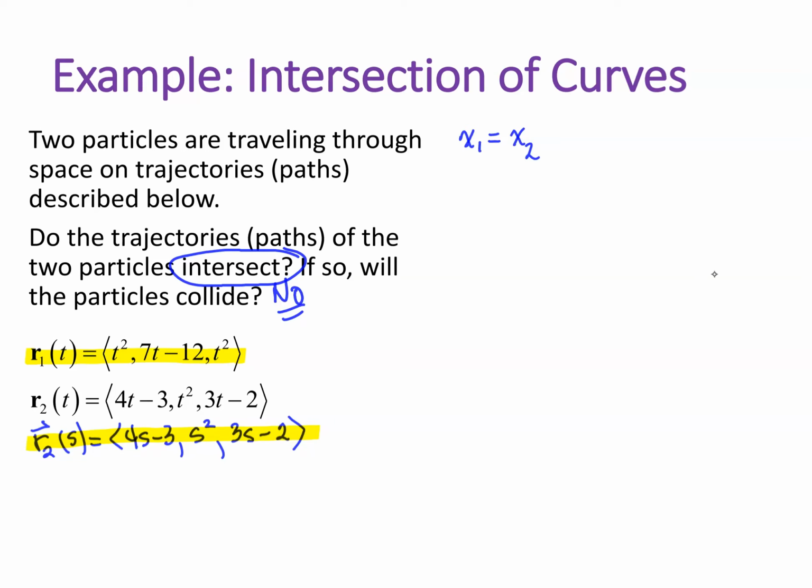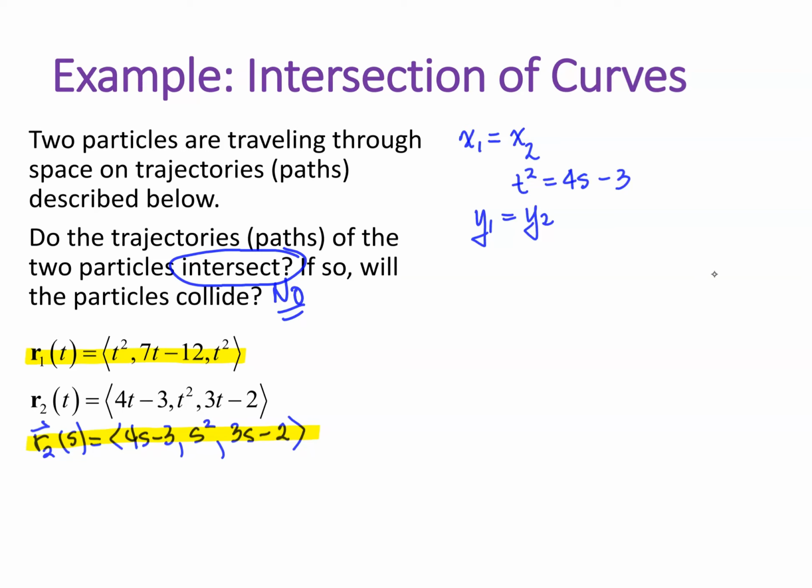So let's start there. We would have t squared equals 4s minus 3. The same would have to be true for the y coordinates. So y1 would have to equal the y component function for the second vector valued function.